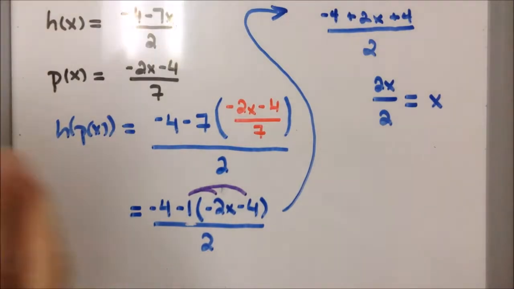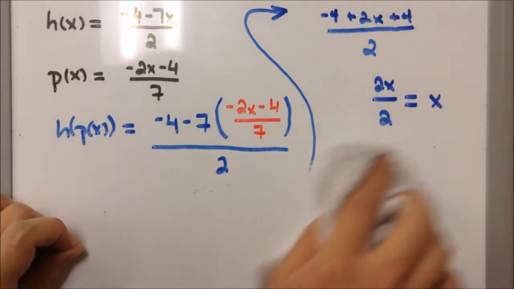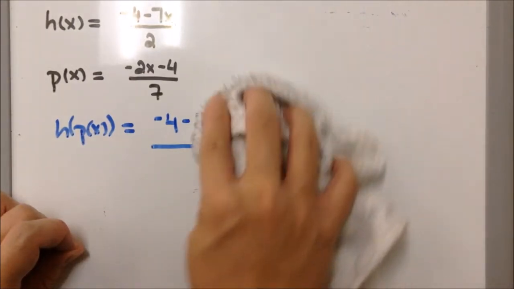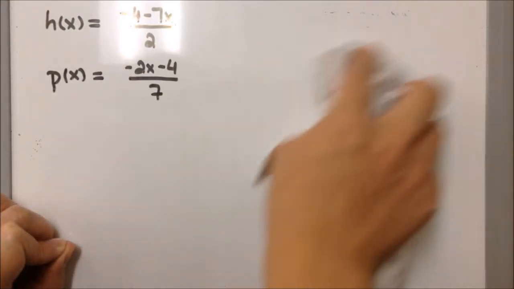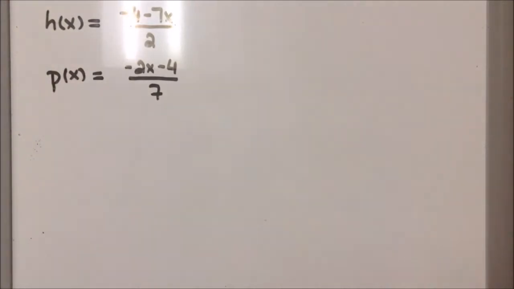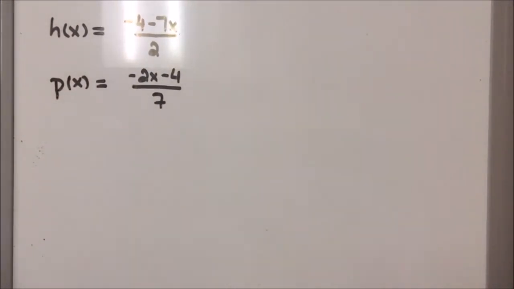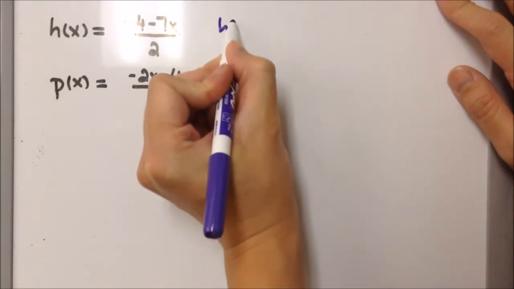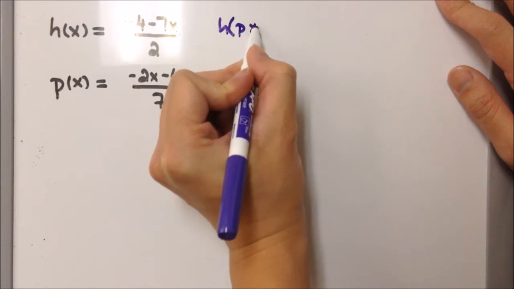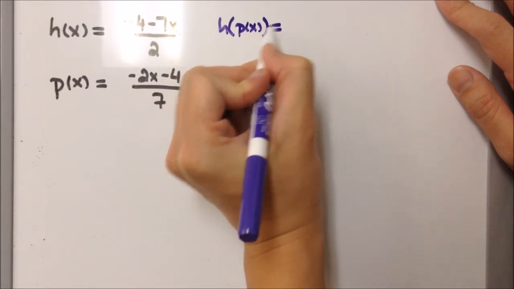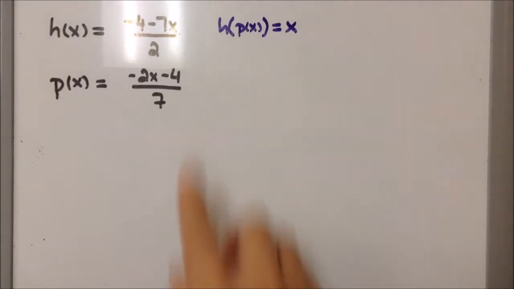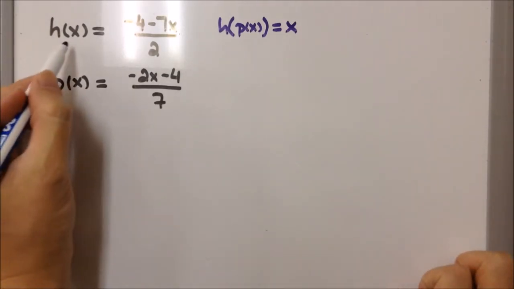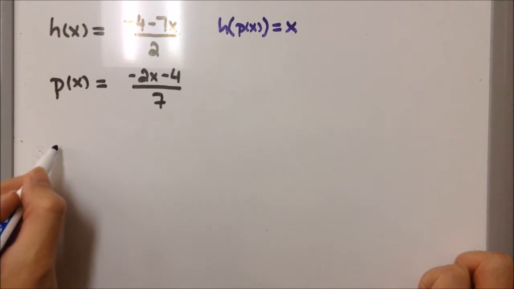Alright, now we're going to do the other composition. Alright, now let me write that: h of p of x equal to x. So we just proved that this equals x. Now we're going to do the reverse order. So now we're going to plug in h of x into p of x.